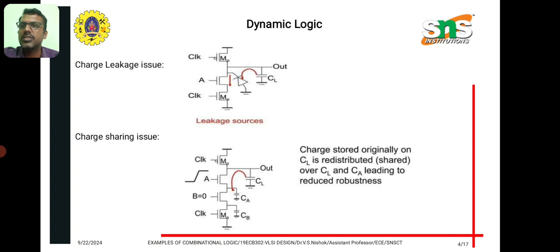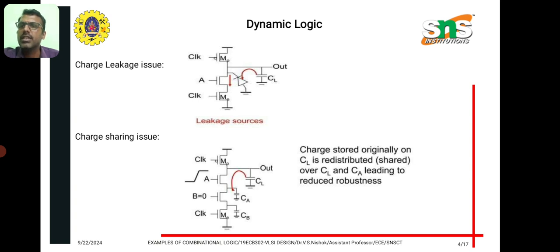Similarly, the charge sharing issue happens based on the parasitic capacitance across the pull down network. In the given example, we have taken a dynamic logic with two inputs in the pull down network. Let us consider A is equal to 1 and B equal to 0.